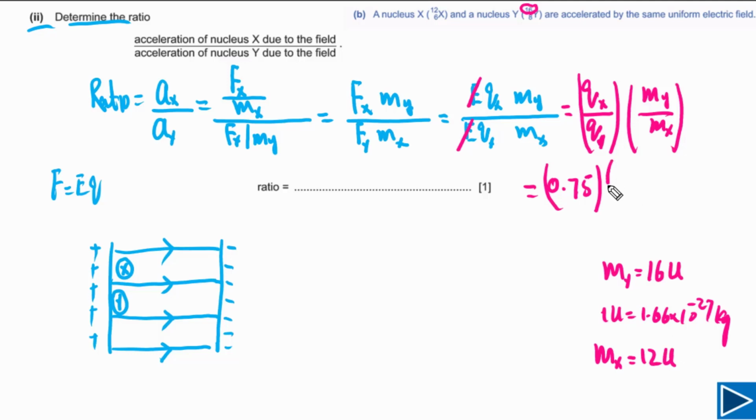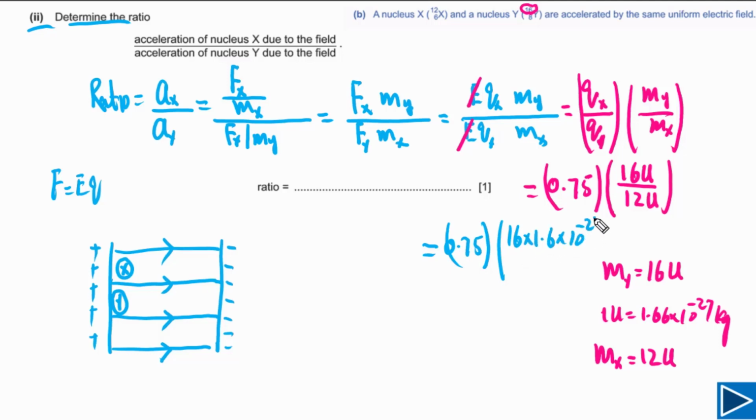So simply we can plug in these values here. The mass of Y is 16u and the mass of X is 12u. So we can cancel u, or you can plug in values in terms of kg. If you're a little confused with u, you can write 0.75 multiplied by 16 times 1.66 times 10 to the negative 27 kg, divided by 12 times 1.66 times 10 to the negative 27 kg.